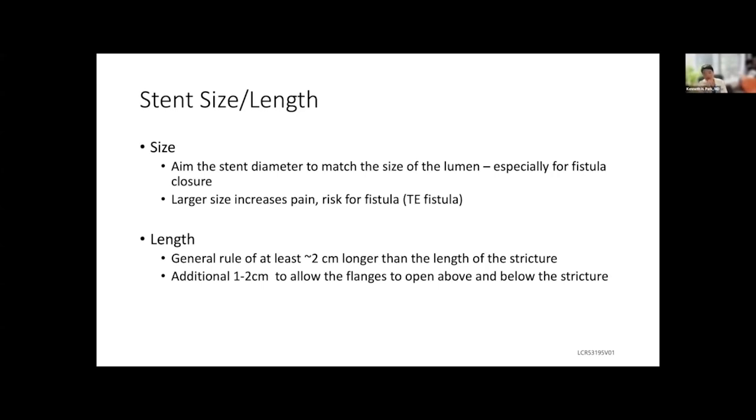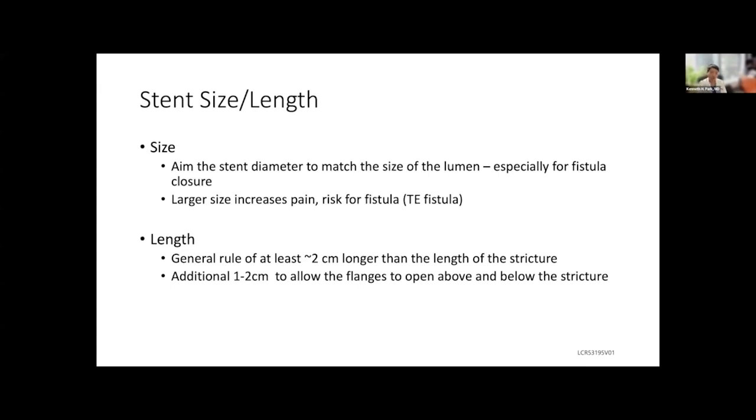If you're worried about fistula closure, for example, you want to tailor your stent to the size of the lumen, because bigger is not always better. It may increase pressure on the fistula, cause tissue necrosis, and make the fistula even bigger.